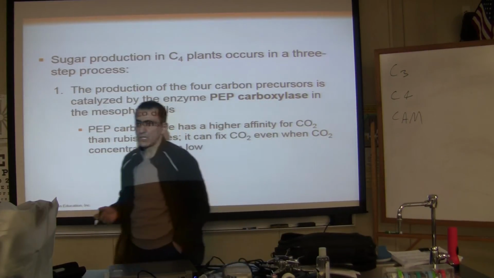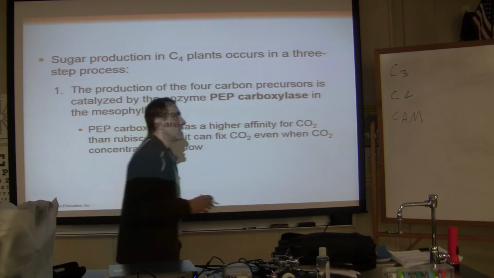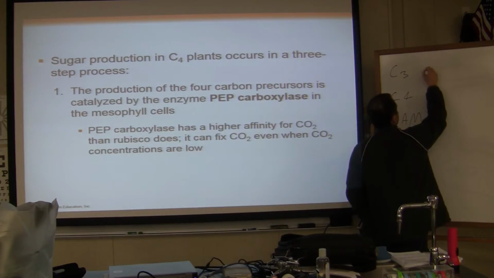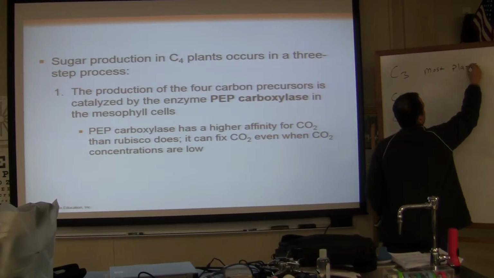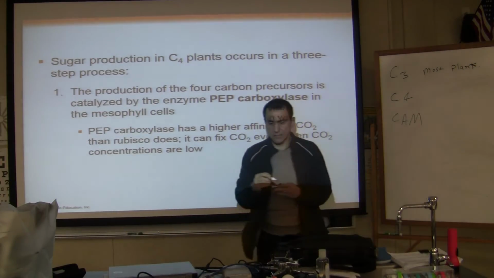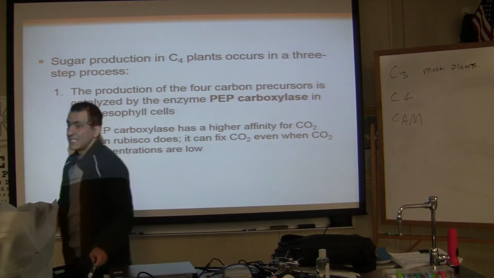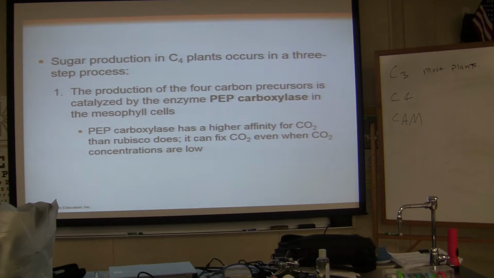C3 plants, I just talked about it. Most plants are C3 plants. C4 and CAM, you will see, and I'll show you some pictures. For C3, the initiation molecule has 3 carbons, and then 3 other carbons come and attach to it, becoming a glucose molecule.